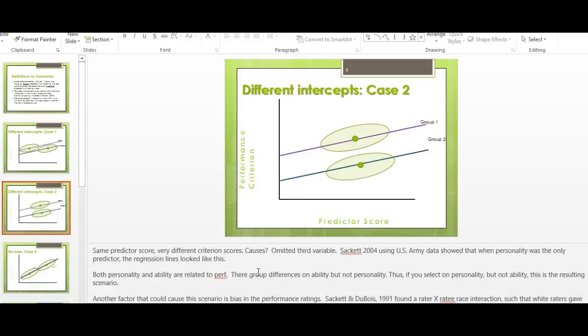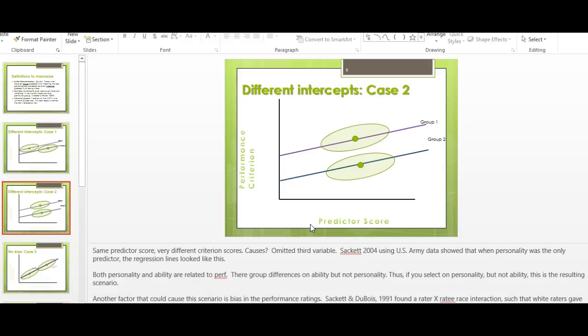For case two, we have intercept bias again, but it looks slightly different, and that is that it's the opposite. In this case, we have the same predictor score, or nearly so, but we have a difference in the way the groups are performing on the job. Mead and Fetzer talk about a couple of reasons for why this might be going on.